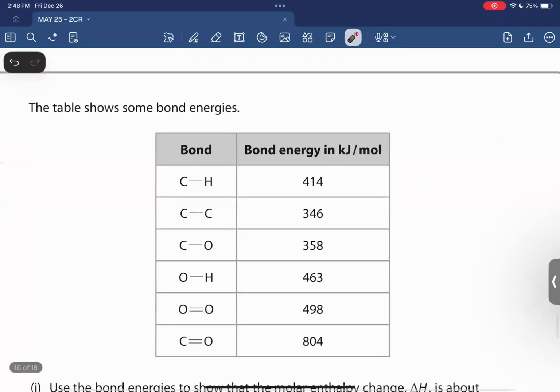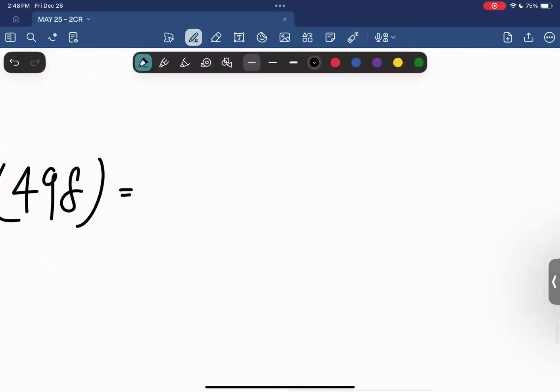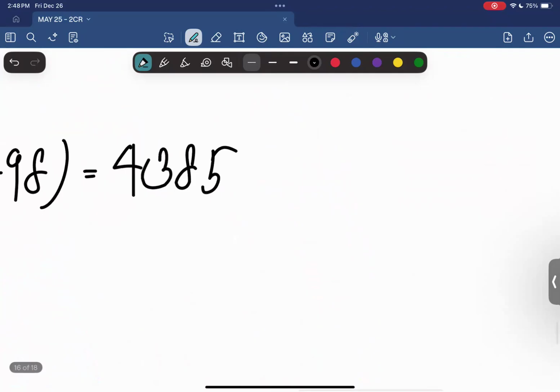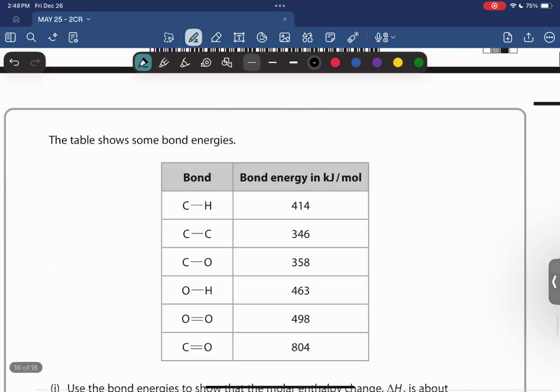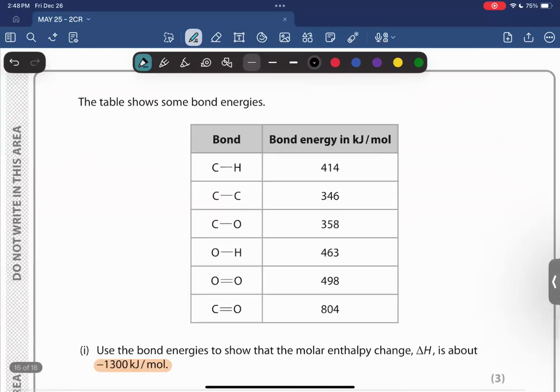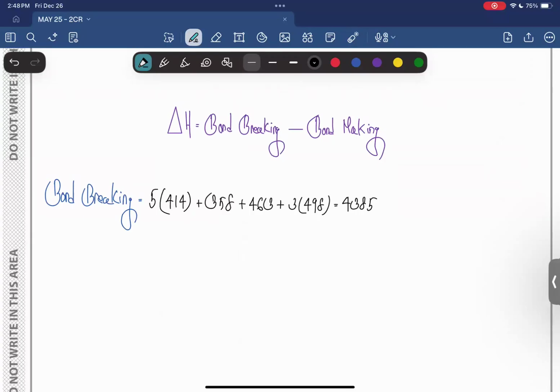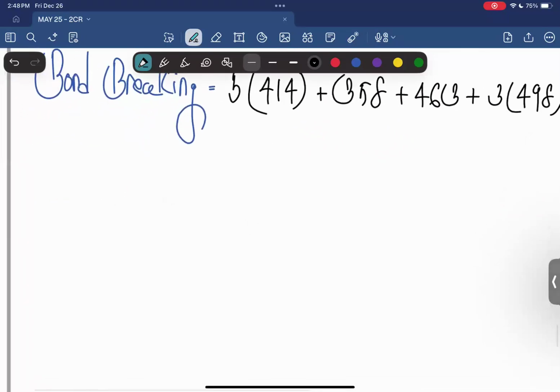So this is coming as 4385, and the unit is kilojoules. Let's just not write the unit. Now this was for bond breaking.